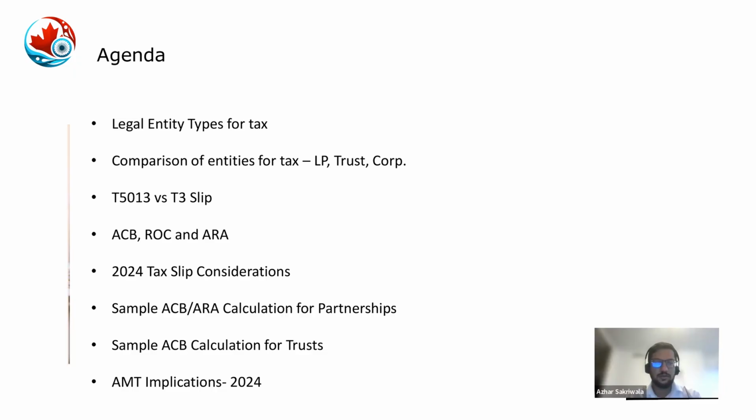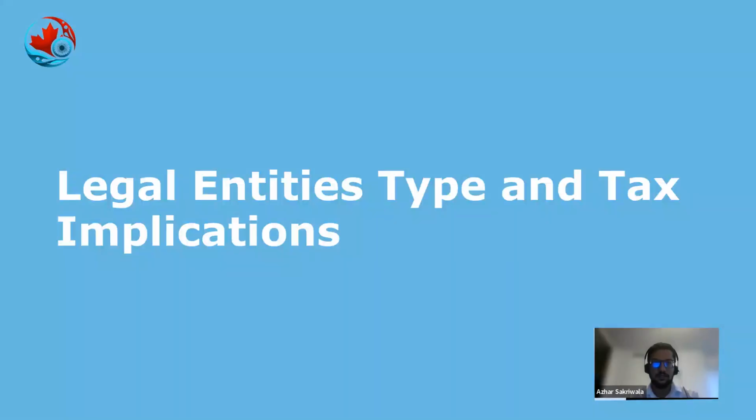We'll also go through some tax slip considerations for 2024, as well as the alternate minimum tax implications, which will impact especially trusts in terms of their tax compliances. And we would also go through certain sample ACB, which is adjusted cost base, and at-risk amount calculations for partnerships and trusts.